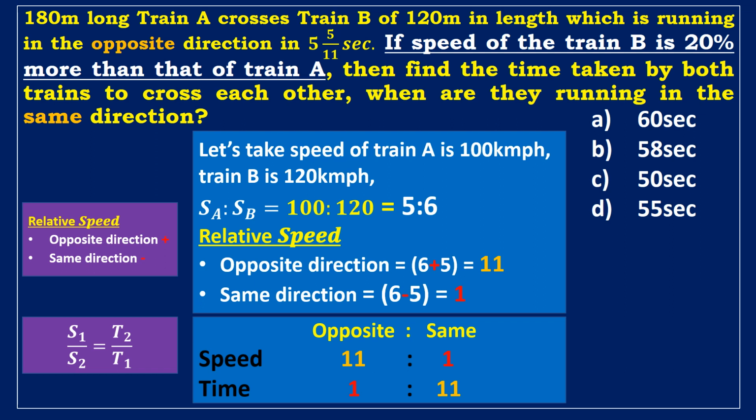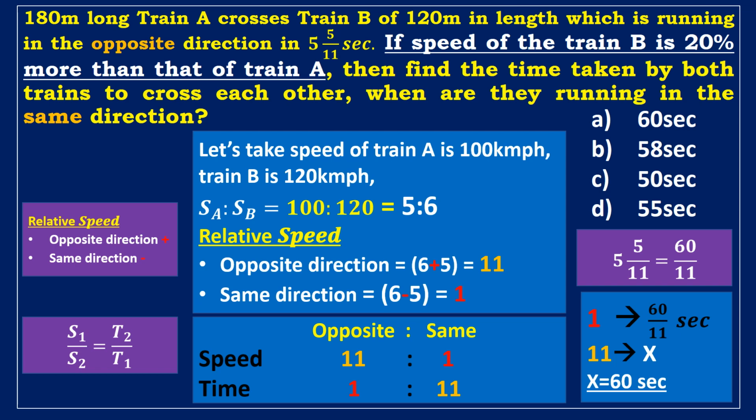The time ratio becomes 1 to 11. The 1 represents 60 by 11 seconds. Then we need to compute the time taken by both trains to cross each other when they are running in the same direction. As a result, 11 into 60 by 11 equals 60 seconds.